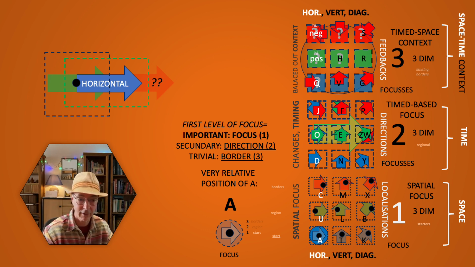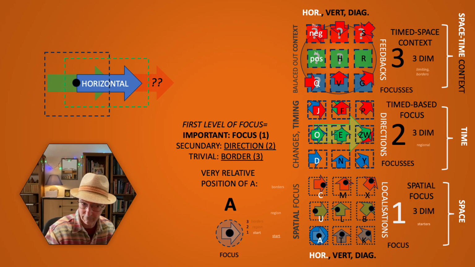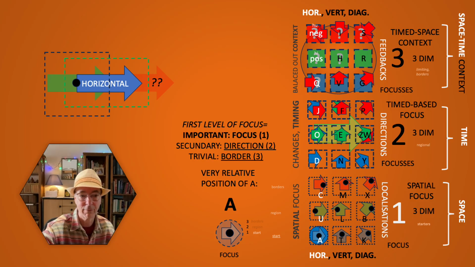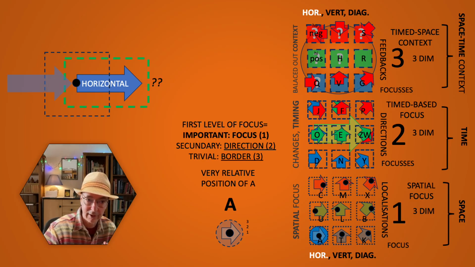I can start from my starting point and follow a direction. But I first start from my starting point and then follow the direction. So that's why I already have a green frame. And it can continue without really clear borders. So that's my first orientation on how I see where the horizontal is associated.